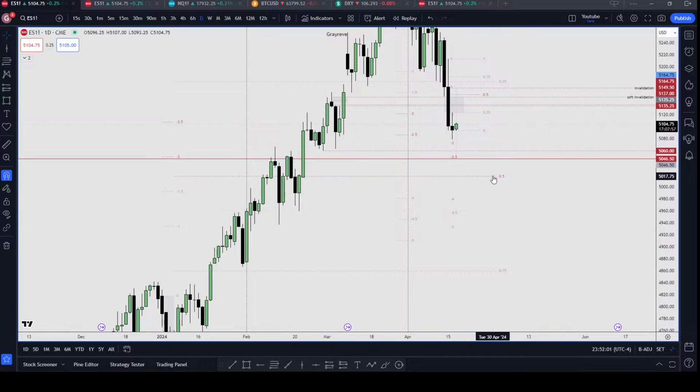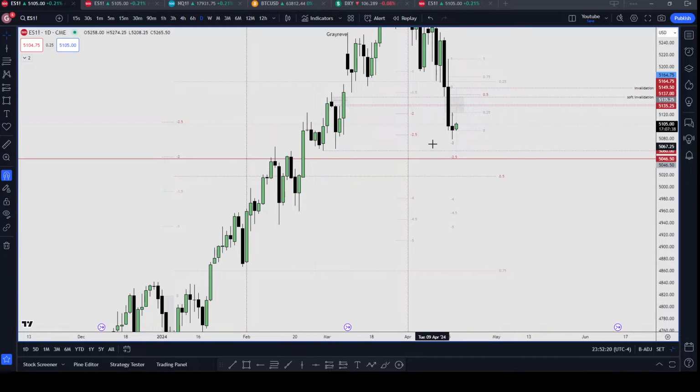Basically swing lows below 50%, and the nearest one is right here. So eventually I think we can reach into this area here, but because I'm not trying to hold many days of trades, right, for my prop accounts.